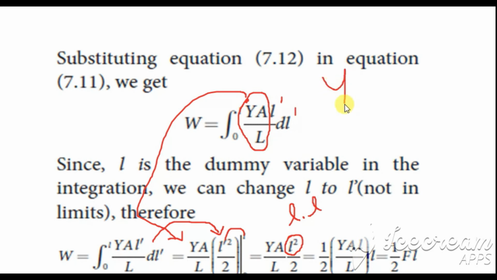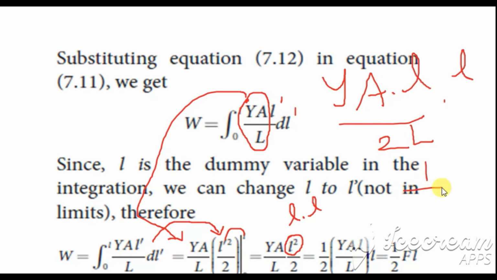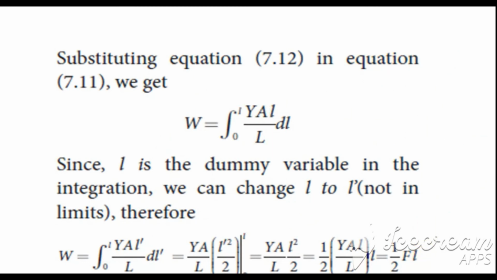Now this 1 by 2 is written separately, and we get YAl divided by L, which can be written as F into l separately. So this gives the value of the work done.